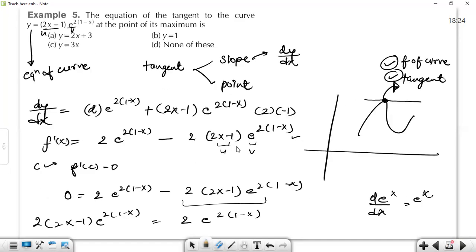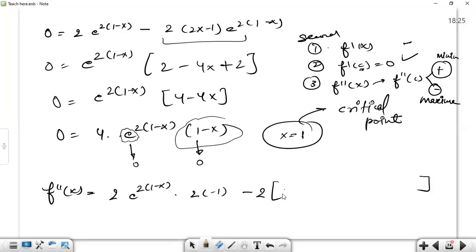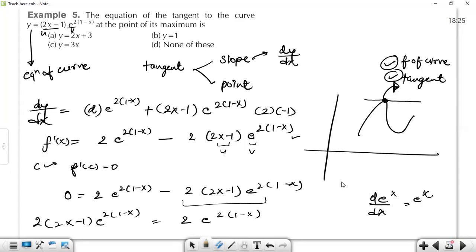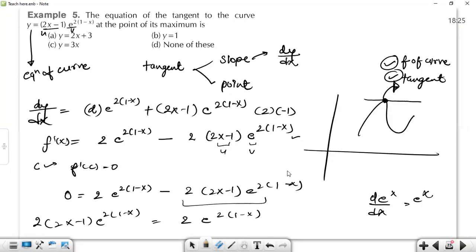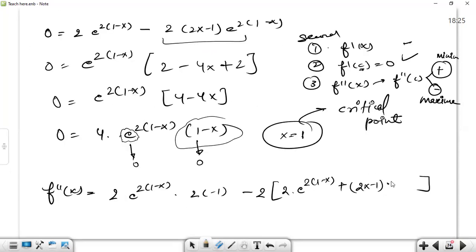U dash is 2 into v plus u into v dash. V dash would be, as it is an exponential function, the same multiple into the derivative of this, 2 into minus 2.